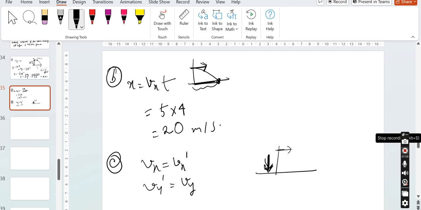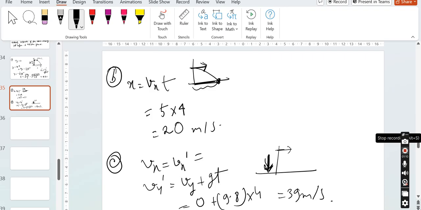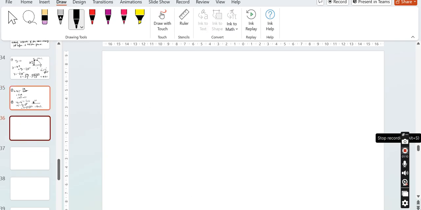That will be Vy plus gt. Vy is 0, so it is 9.8 into 4 seconds, that is 39 meter per second. This is the speed of the stone just before it hits the ground. So this is basically a step by step question.